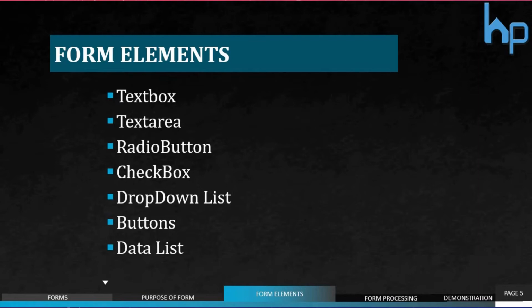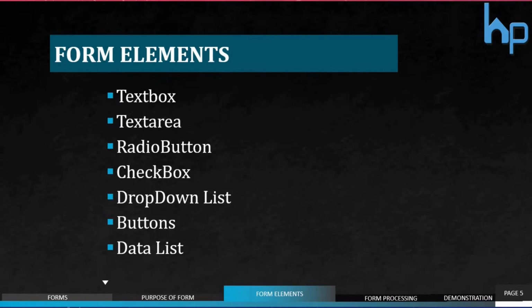So depending on the letter typed by the user, suggestions should be displayed to the user. For that purpose, we can use a data list. So this is a very brief intro about form controls used for building an interaction between your client and server, right?